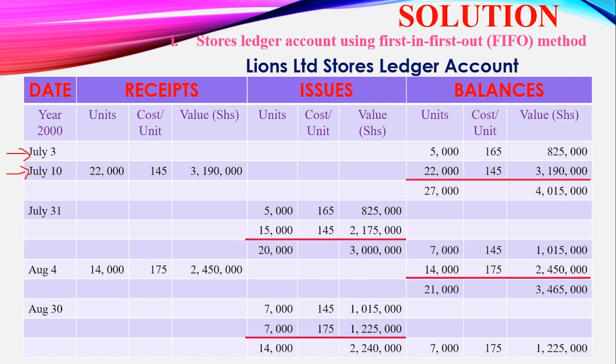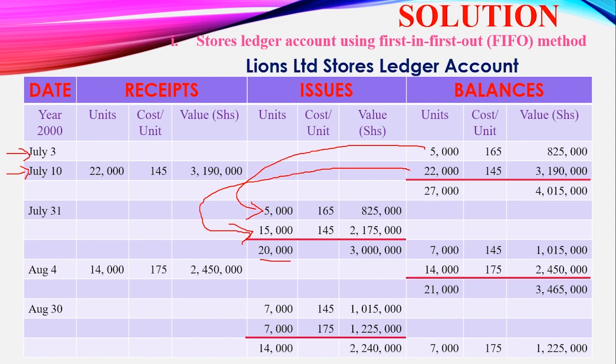So what we are going to do is sell off this stock first, which is 5,000 units at 165. This is 825,000. Then the balance will be obtained from this stock which was acquired on July 10th. And what is the balance?